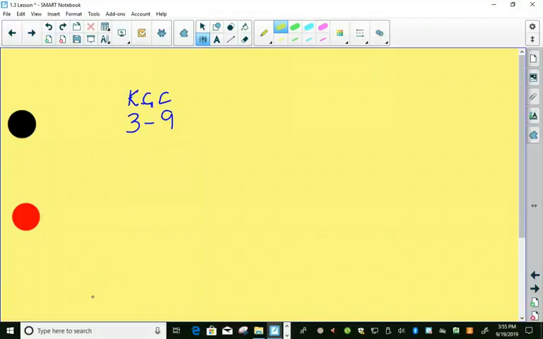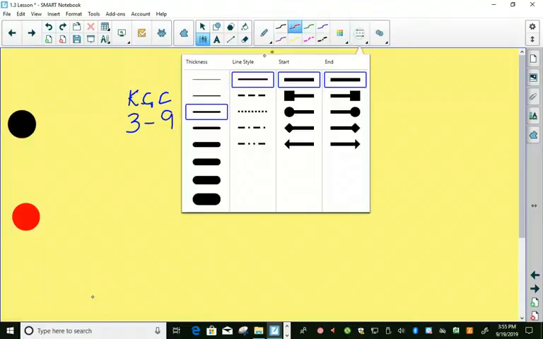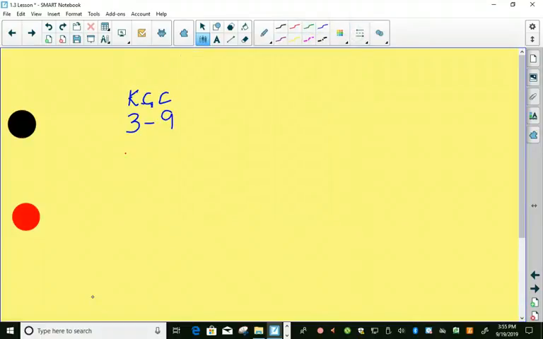When I do keep, change, change, I keep the first number the same. So 3 is going to stay 3. I'm going to change the subtraction to addition, and I take the opposite of the second value. So 9 is going to become negative 9. And so now I have 3 plus negative 9.